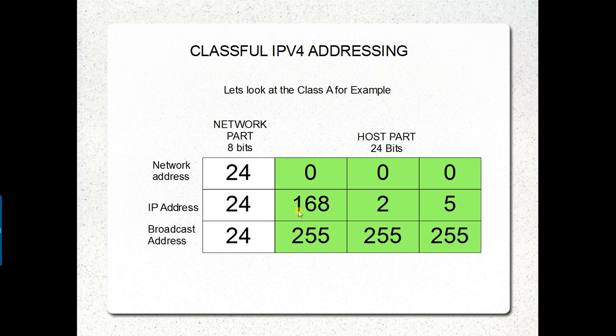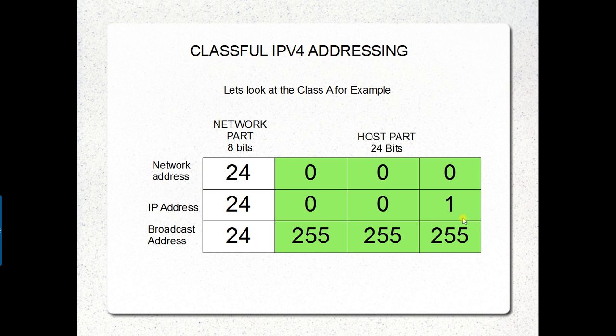For example, 24.168.25.1, that could be an IP address for a computer. 24.0.0.1, 24.0.0.8, any number in between this 24.0.0.0 and the 24.255.255.255 can be used for an IP address on the 24.0.0.0 network.